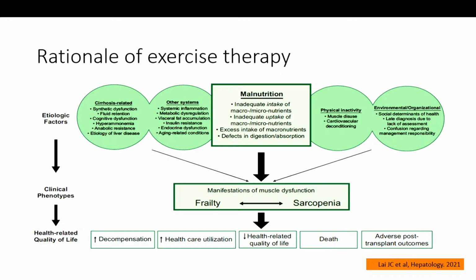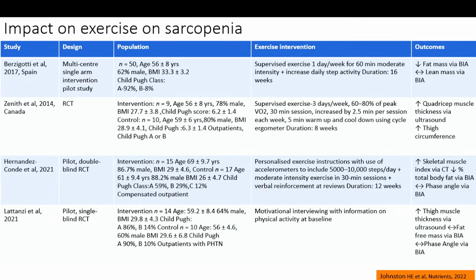Hence, we have to either halt or reverse the progression of frailty and sarcopenia in such patients to improve their outcomes. So coming to the impact of exercise on sarcopenia or sarcopenic obesity. Many studies have subjected patients with CTP A and B to exercise, and they have shown either a decrease in body fat mass or an increase in muscle mass or both.